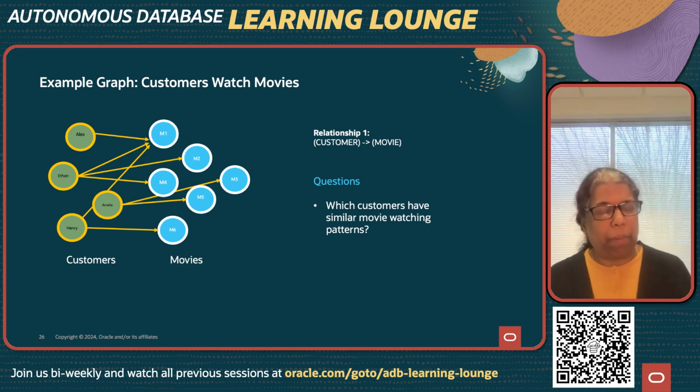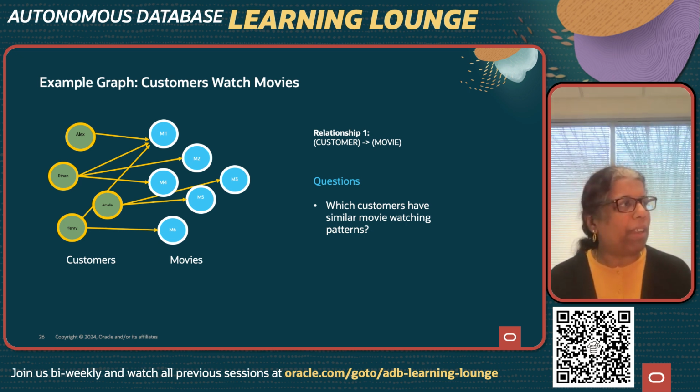So for the purposes of our graph examples, typically we have two relationships in this graph. So we have two entity types or two node types. One is the customer node type, and then there's a movie node type. The customer node types are in green, the movie node types are in blue. With respect to the relationships or connections between them, we have the connection when a customer has watched a movie.